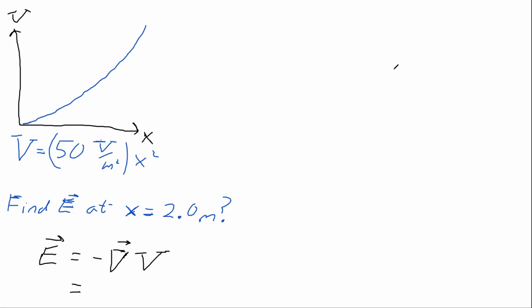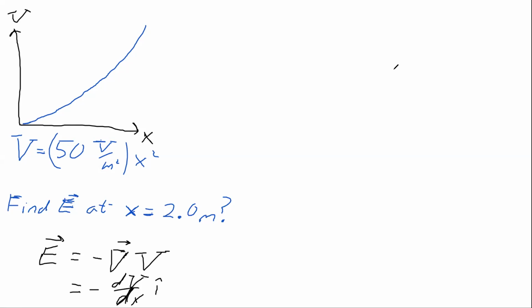In our case, since we're talking about the x component, it will be negative dV over dx i hat. So we're just going to need to take the negative derivative of voltage, and that gives me my electric field in the x direction.